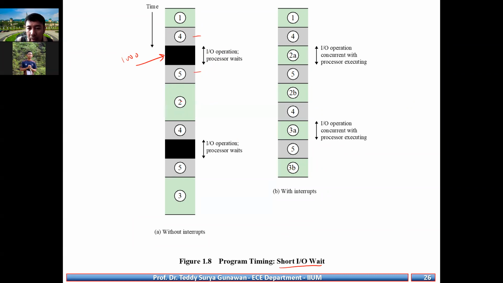This is the IO, and then you go to 2 and another IO and so on. If you have interrupts, then you go to 4. Then you can continue because this one will go in the background. When it finishes, then you can interrupt with number 2. Continue with 5 first, and then continue to B, and so on. So this is short IO wait.